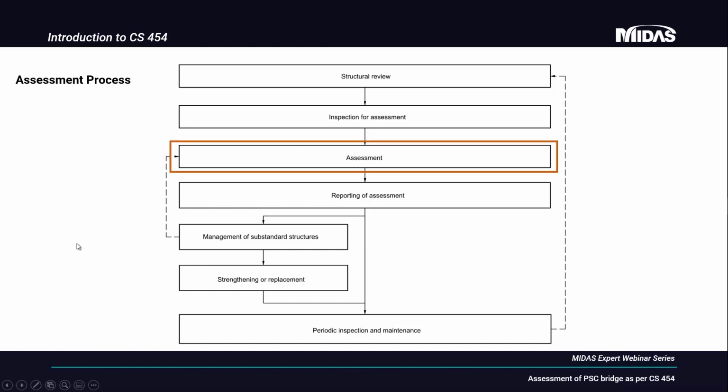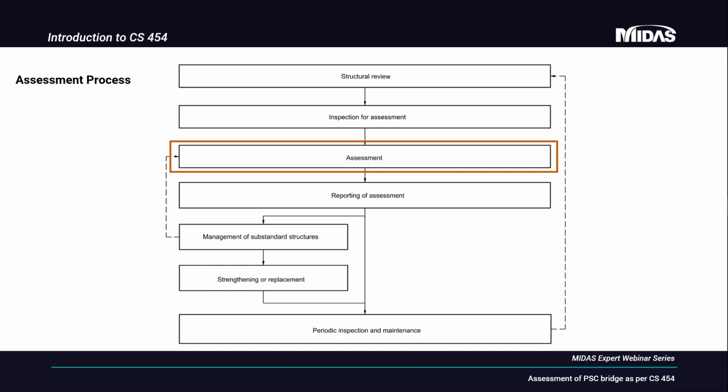In MIDAS Civil, we will mostly focus on assessment, and the implementations which have been done are related to the assessment of structure, as well as the results that we get from assessment, which will help you with reporting of assessment as well. Once reporting of assessment is done, then management of substandard structures is done. That can be done by strengthening or replacement, and this will further lead to periodic inspection and maintenance, which completes one cycle of assessment, and this will go on again and again.